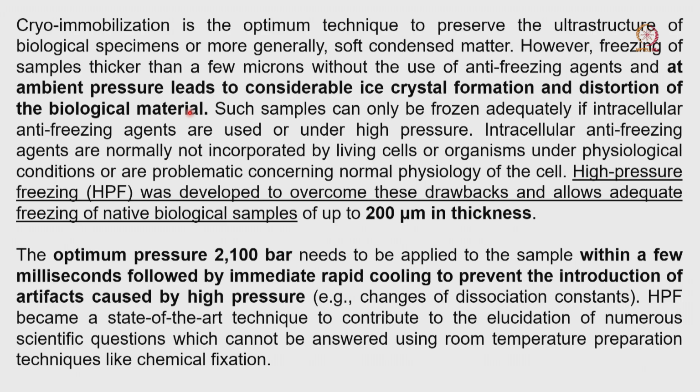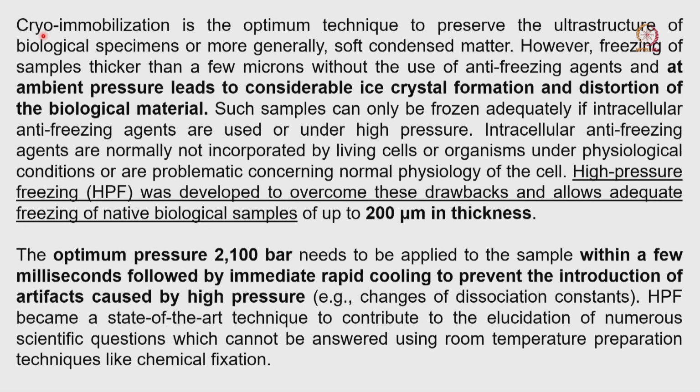With an optical microscope, somehow we have to fix the cell or specimen on a glass slide, and then use that slide for imaging. Here also, cryo immobilization is an important technique.